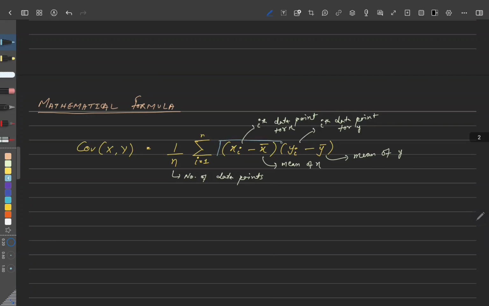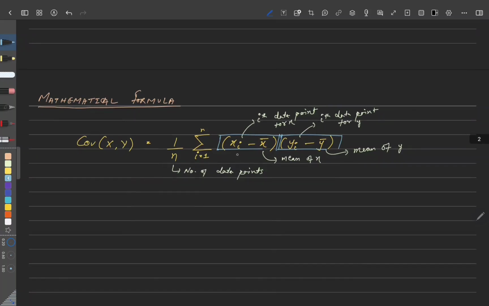So this term denotes how far the ith value of x is from the mean of x. This is how far the ith value of y is from the mean of y.